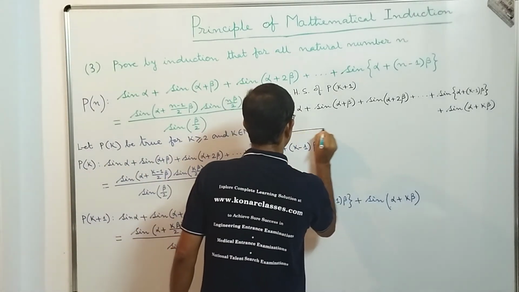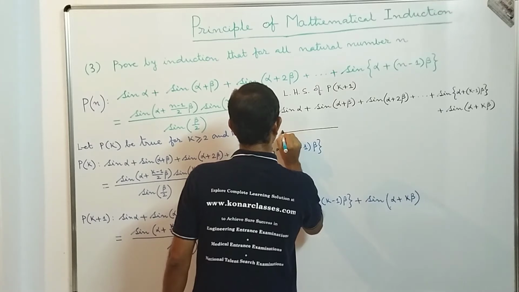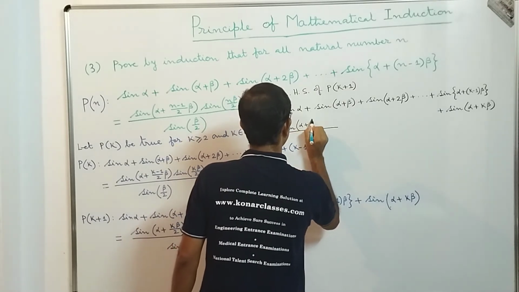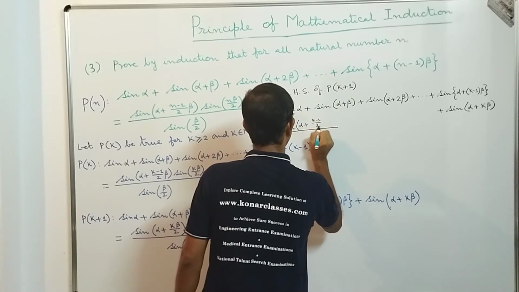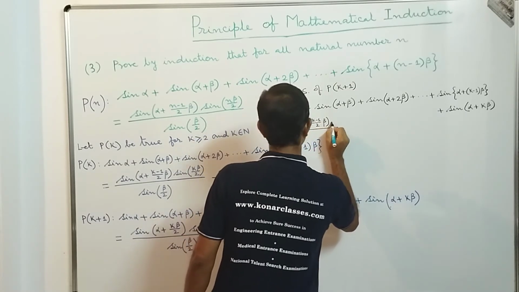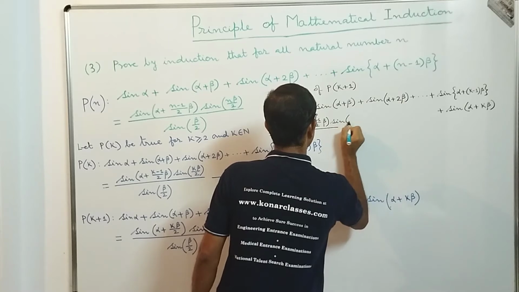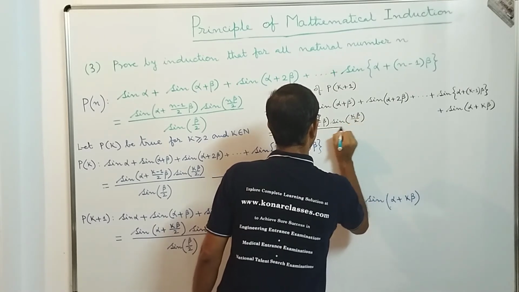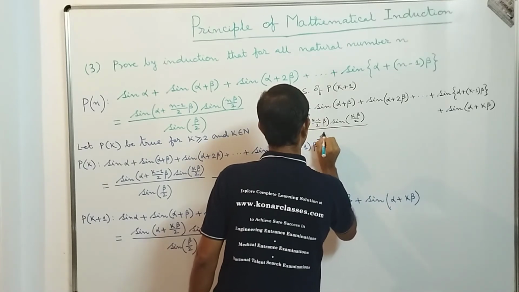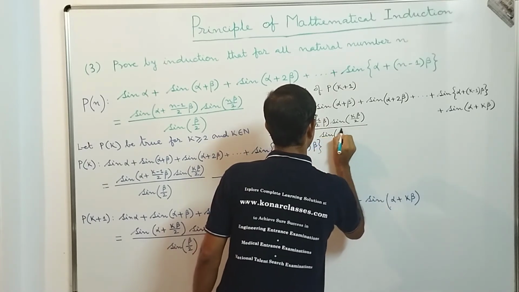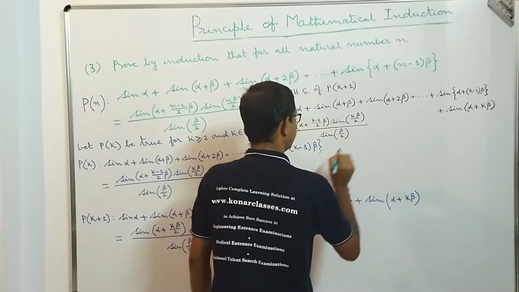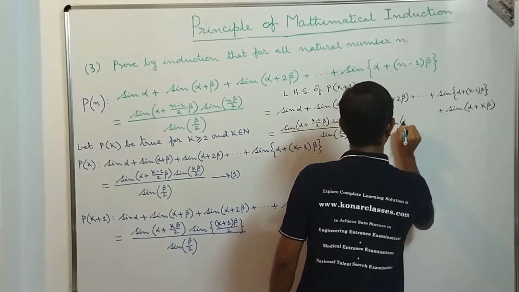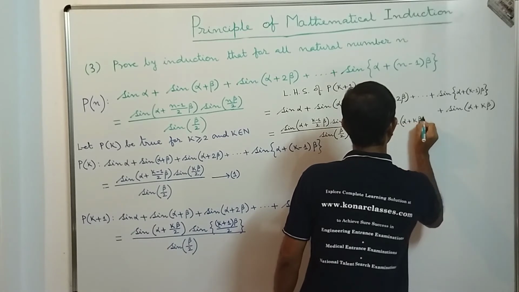So what we can write here dear students? We can write sin(α+(k-1)β/2) into sin(kβ/2) divided by sin(β/2) plus sin(α+kβ).